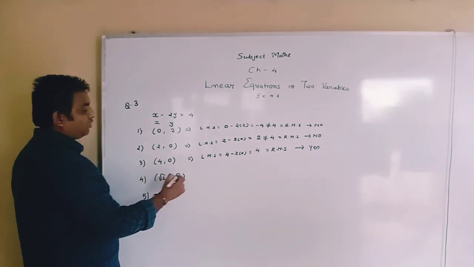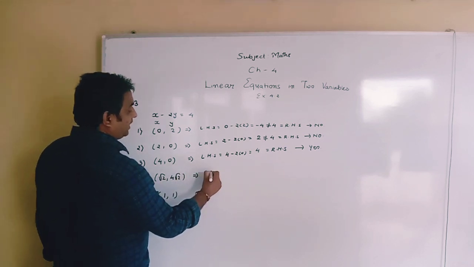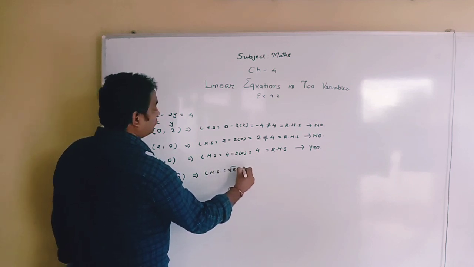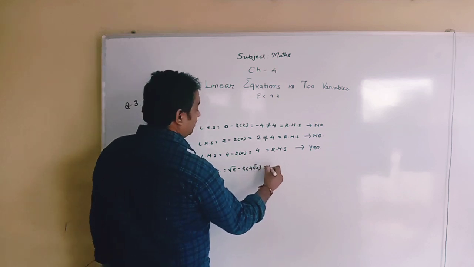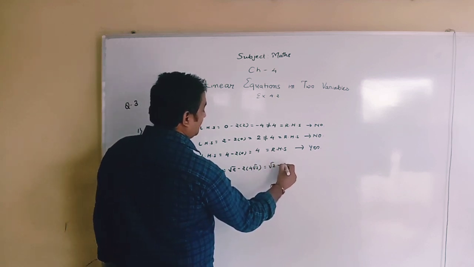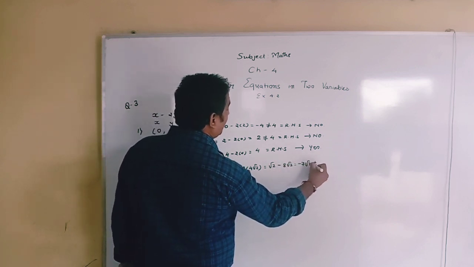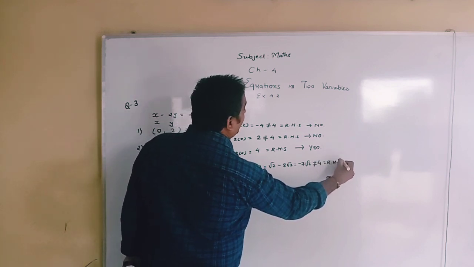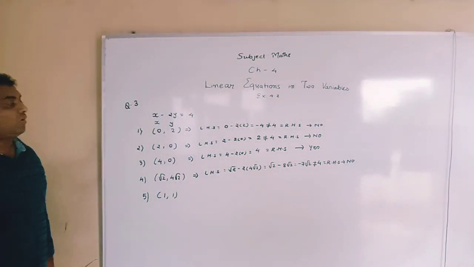Now the fourth pair is given: (root 2, minus 4 root 2). So the left hand side we find is root 2 minus 2 into minus 4 root 2, that is root 2 plus 8 root 2, which is 9 root 2, not equal to 4 on the right hand side. And so we can say no, it is not a solution of x minus 2y equals 4.